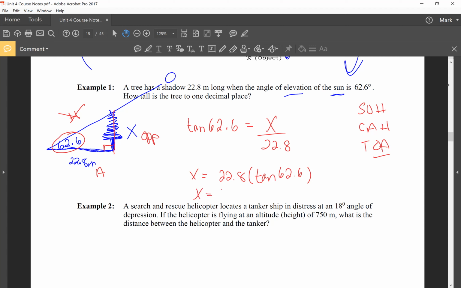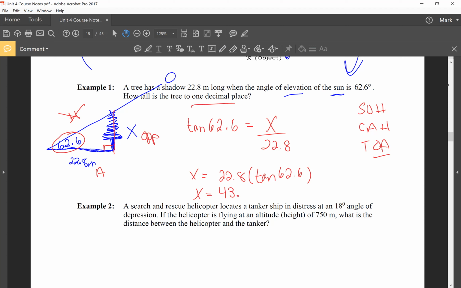So x is equal to 1427. Oh, sorry, no. I forgot to put my tan in. There's no way that tree is 1,000 meters tall. When I did this on my calculator, I didn't press tan. So 22.8 times tan 62.6, and I get, there we go, 43.9.